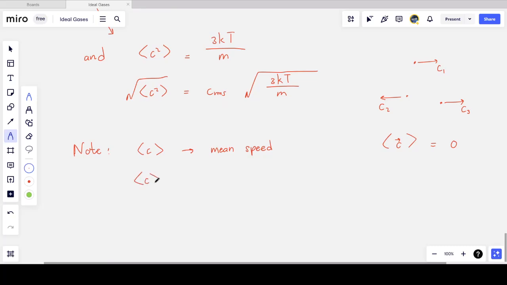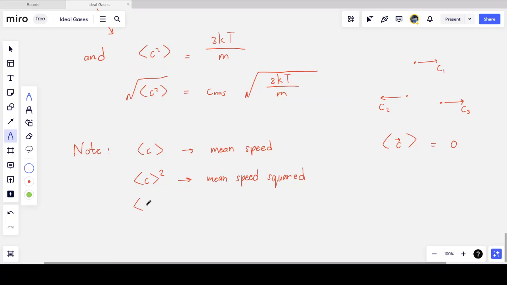If I take this average value and I square it, then this is called the mean speed squared, just like if I take the number 2 and square it, that's 2 squared. So this is the mean speed, whatever the average speed of the molecules is, and then we square that number.